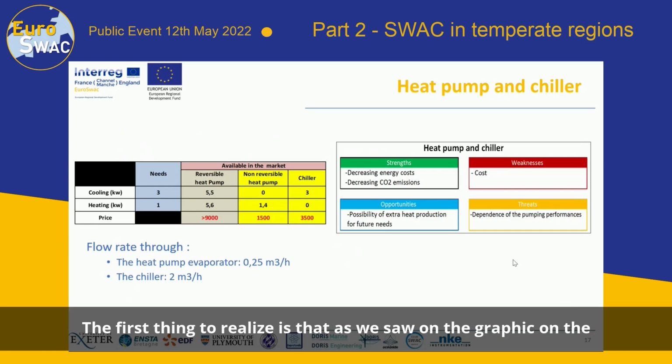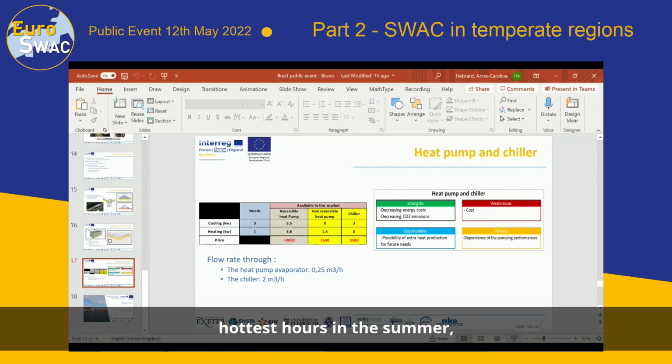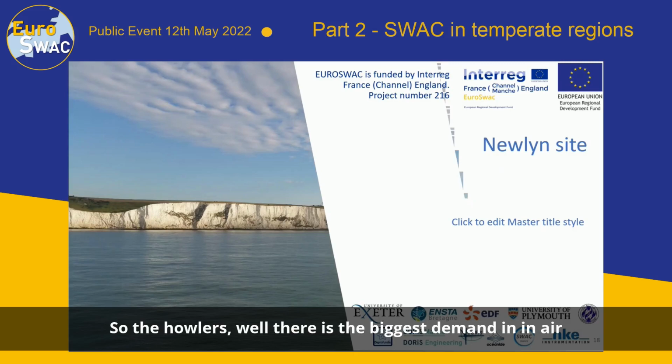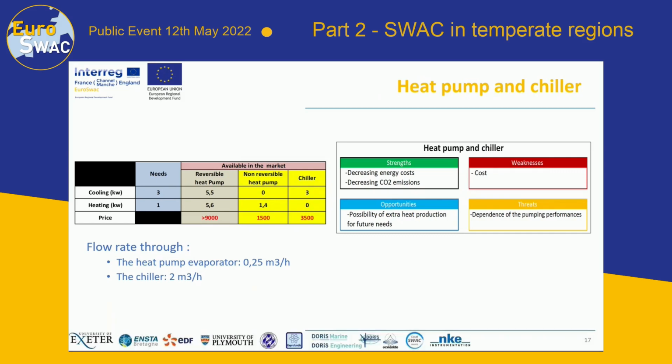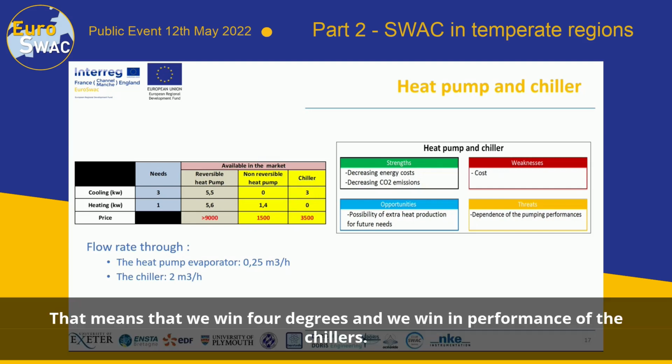The first interest is that, as we saw on the graphic, on the hottest hours in the summer, which are the hours where there is the biggest demand in air conditioning, the difference between water and air is quite important. It's about 4 degrees. That means that we win 4 degrees and we win in performance of the chillers.